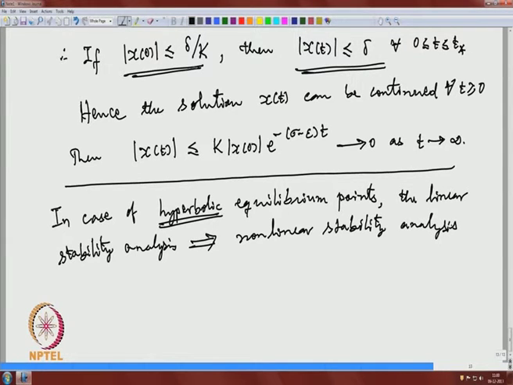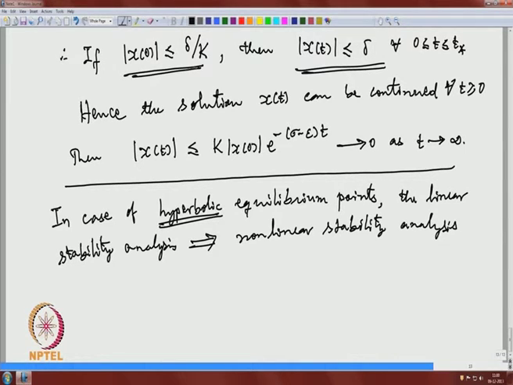So, if the equilibrium point is hyperbolic, then the linear stability analysis will be sufficient to conclude the nonlinear stability, and linear stability analysis is much easier because we have explicit formulas and other things.